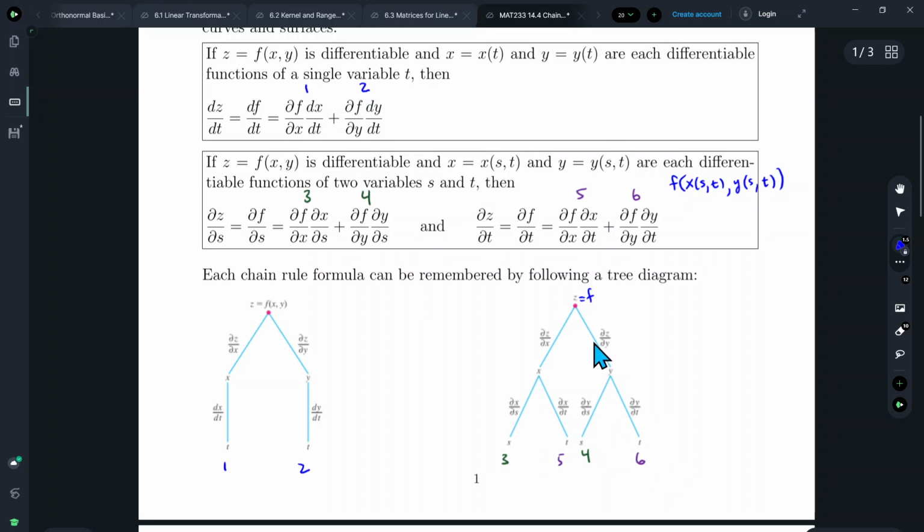So these two paths put together form this chain rule. Okay, so that's the basic idea behind the chain rule, and then specifically here where x and y are functions of just t, and then here x and y are functions of s and t.